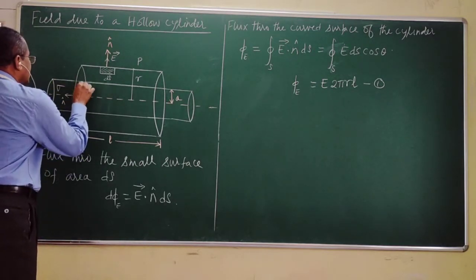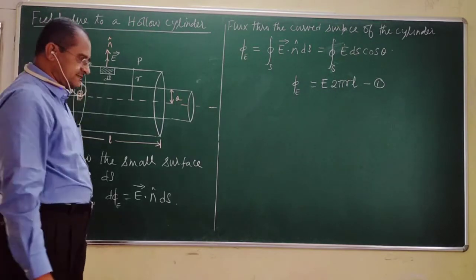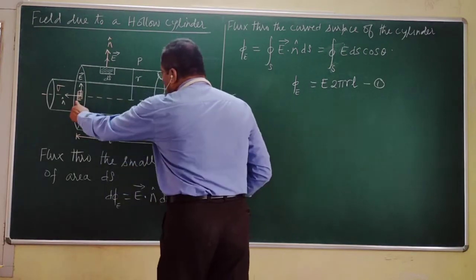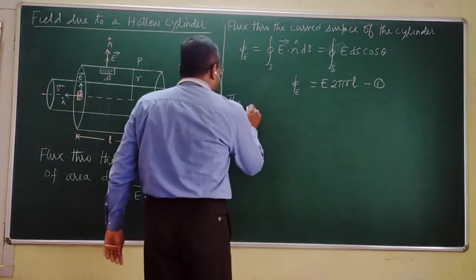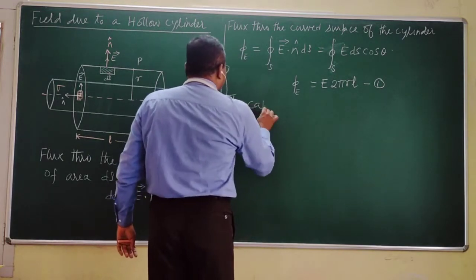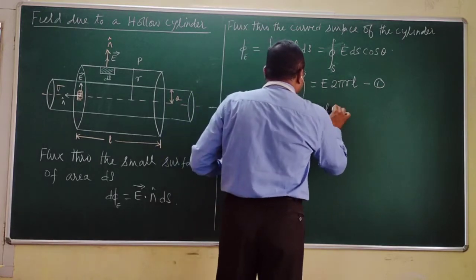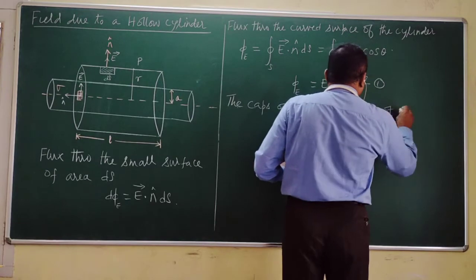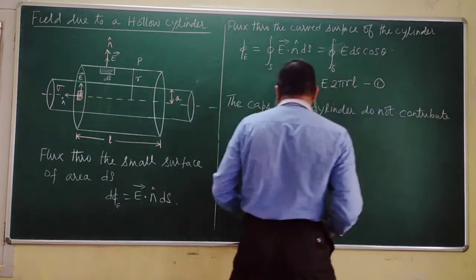Electric field will be pointing perpendicular to the unit vector. Therefore, whatever I have said here will be true here as well. Therefore, the caps of the cylinder do not contribute to flux.